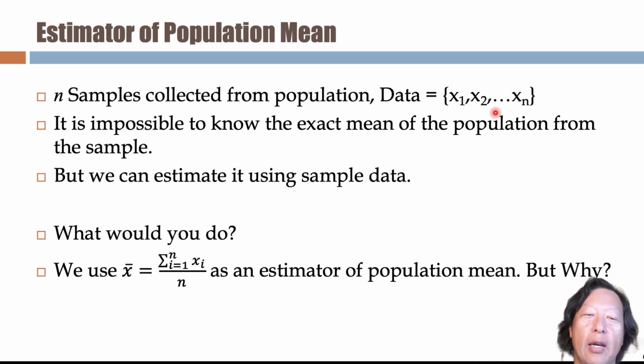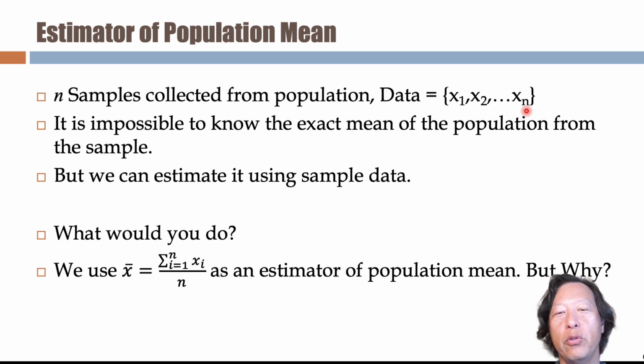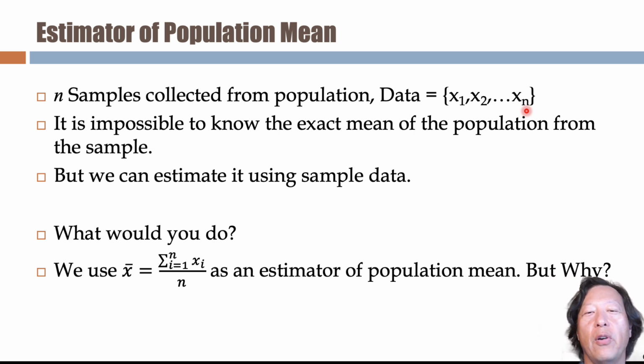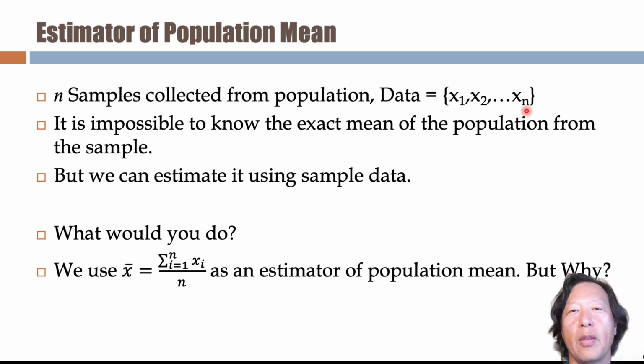Using sample data, so what do you do? If you collected this n number of data points, what would you do to infer the mean of the population? Yes, you're going to calculate the sample mean, and then use the sample mean as the estimate of the population mean.